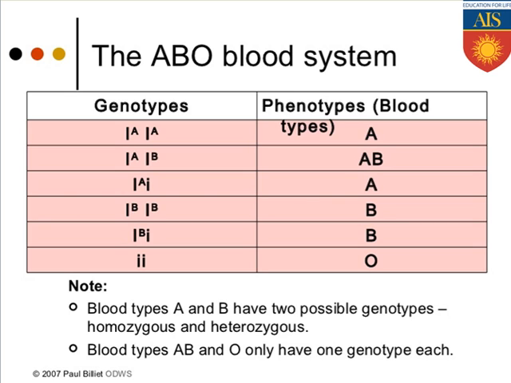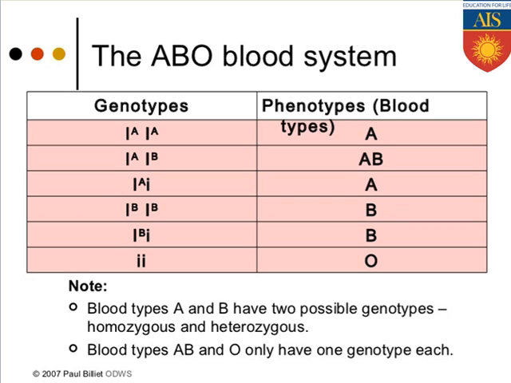So based on the genotype, we can see the phenotype of the individuals also. Suppose any individual has the IAIA genotype, obviously their phenotype will be A blood group. Suppose any individual has IAIB, they will obviously be an AB blood group individual. If an individual has the IAIO genotype, that means they are also an A blood group individual, because IA is dominant over IO, so the feature of IA will be expressed and the A blood group comes.